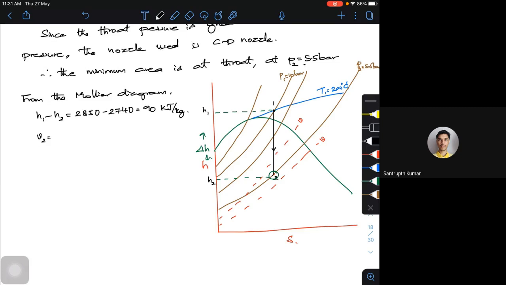Now you will directly use the Molière chart. In the Molière chart, where exactly you have the point 2, you will have the specific volume lines, which go almost parallel to your pressure lines. You will get that value. How much is the specific volume?